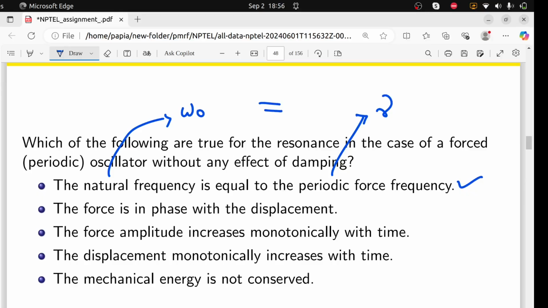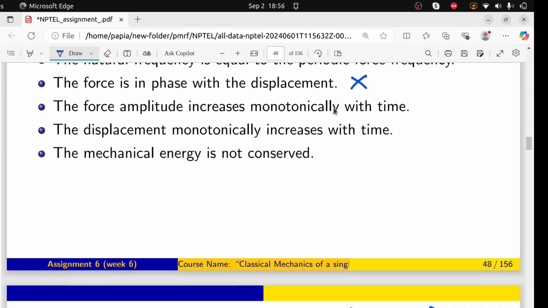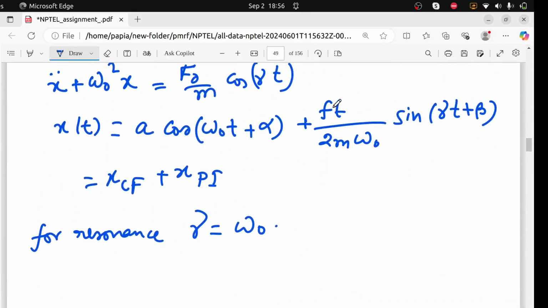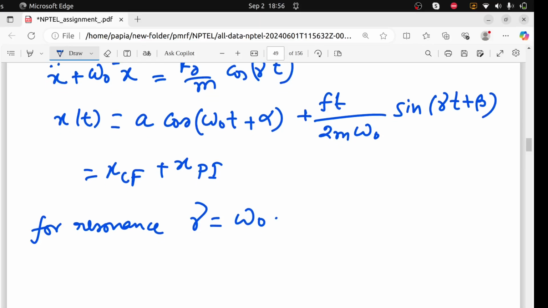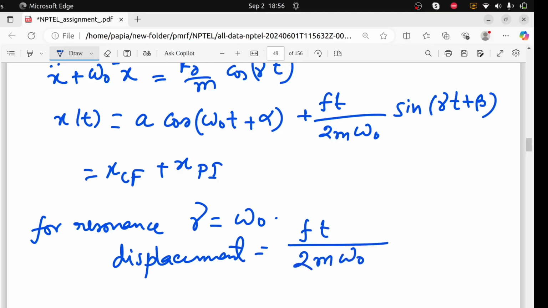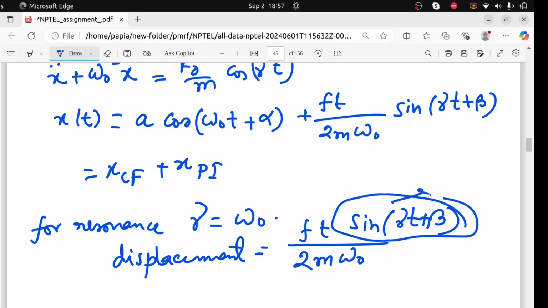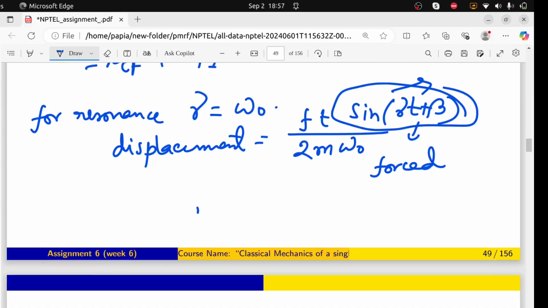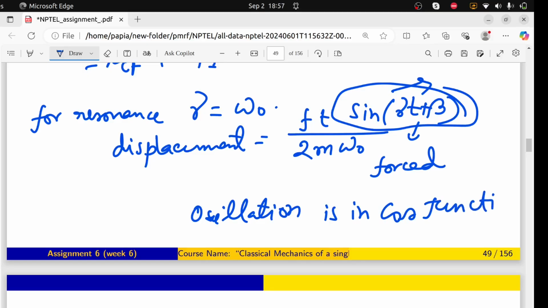The force is in phase with the displacement. No, this is not correct, because you can see here the displacement is (F t by 2m omega 0) times sin(gamma t plus beta), and it is a sine function, but our forced oscillation is in cos function, right?